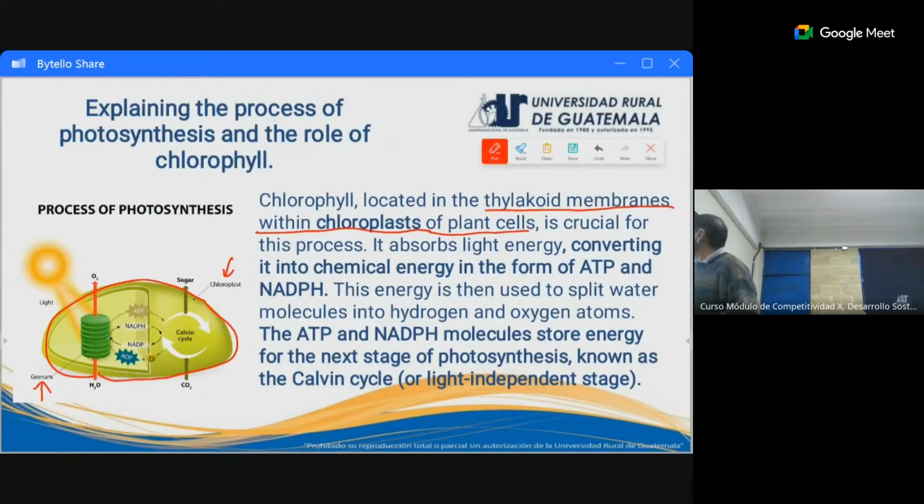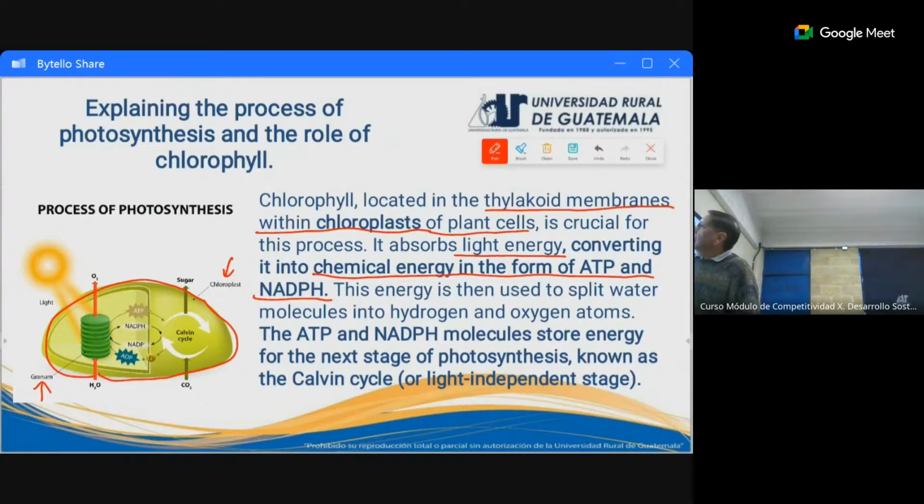and they are responsible for capturing the sunlight we see here, and for converting the light energy into chemical energy in the form of ATP and NADPH. And what are they? What are ATP and NADPH?